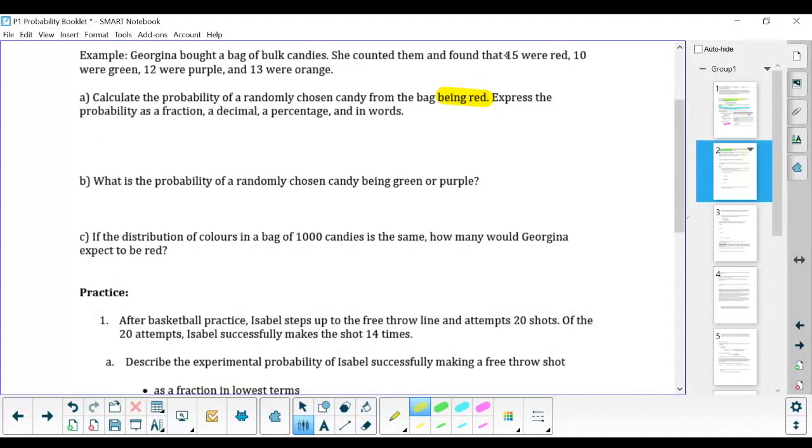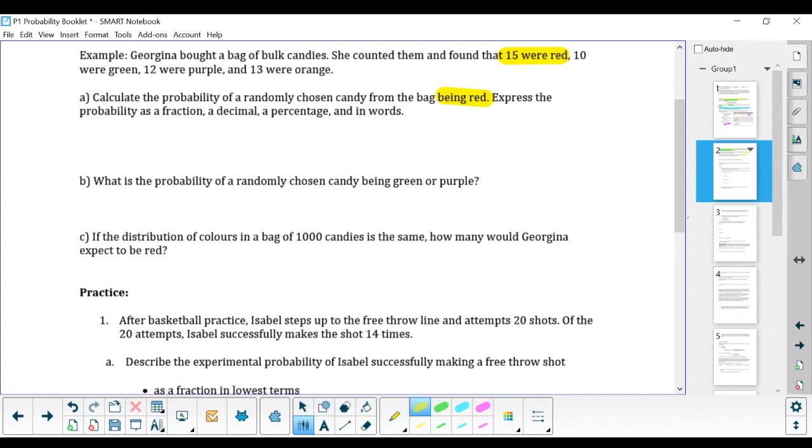If we take a look here, we find that 15 of those candies were red. Again, if we think back to our probability formula, we need to figure out how many times the event could occur and divide that by the total number of trials that were had. In this case, the number of trials is really just the number of candies in the bag.